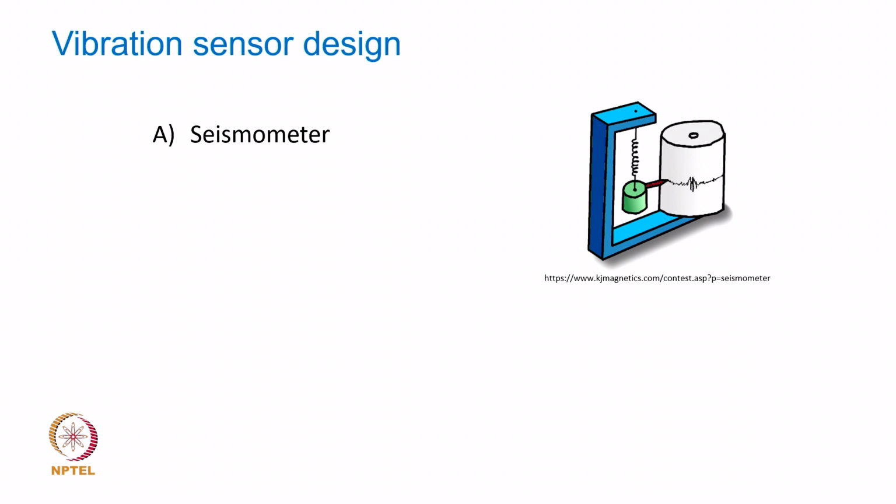Okay. Now, in a very crude sense, if you want to know how these seismometers actually operate, you can imagine them to be like a spring mass system hung from a frame like what you see here, and this mass has a pointer attached to it, let us say, and then there is a rotating drum that spins at a constant speed.